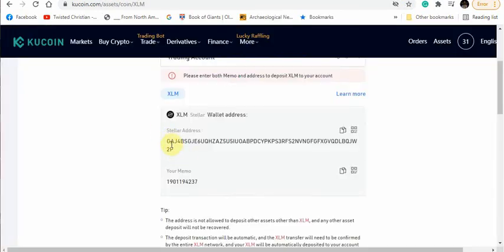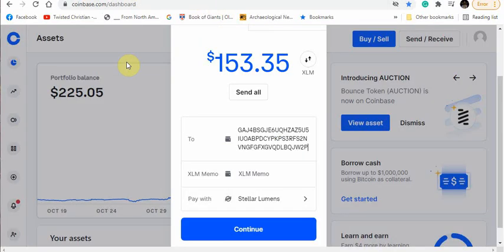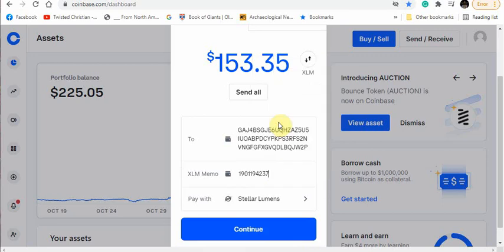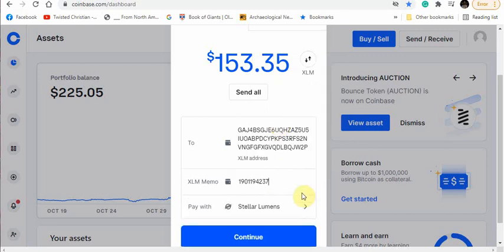I always take a look at the first and last letters to make sure that it's correct. Right, your memo. Okay, now I got the memo in there, and I'm going to go ahead and continue.